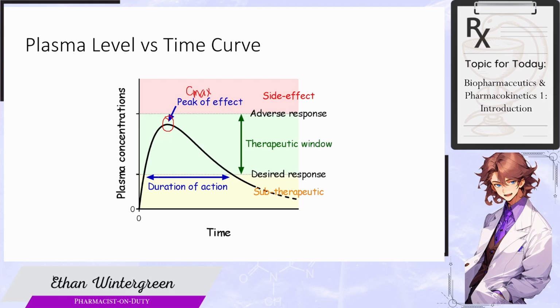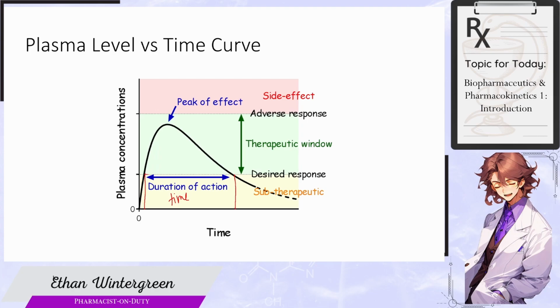Next is the duration of action. The duration of action is a measurement of time. How long was the drug effective? So to know the duration of action, you need to see at what time the concentration was able to surpass the MEC and what time the drug exited the MTC.